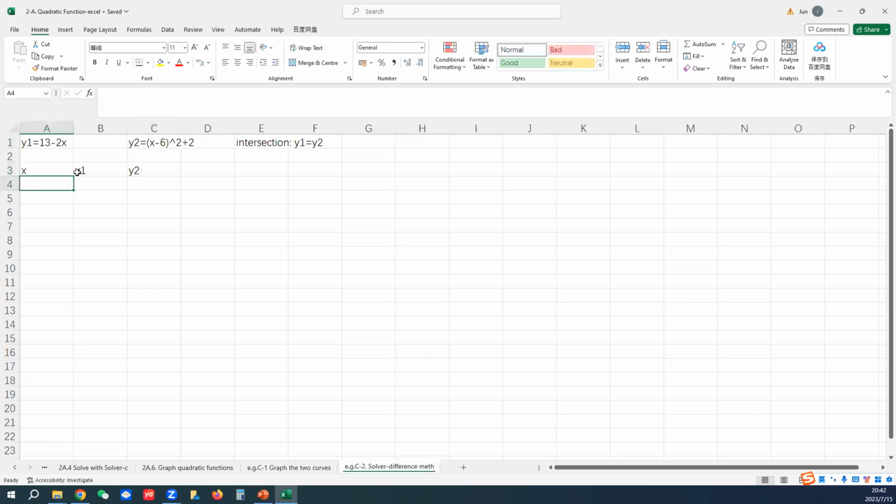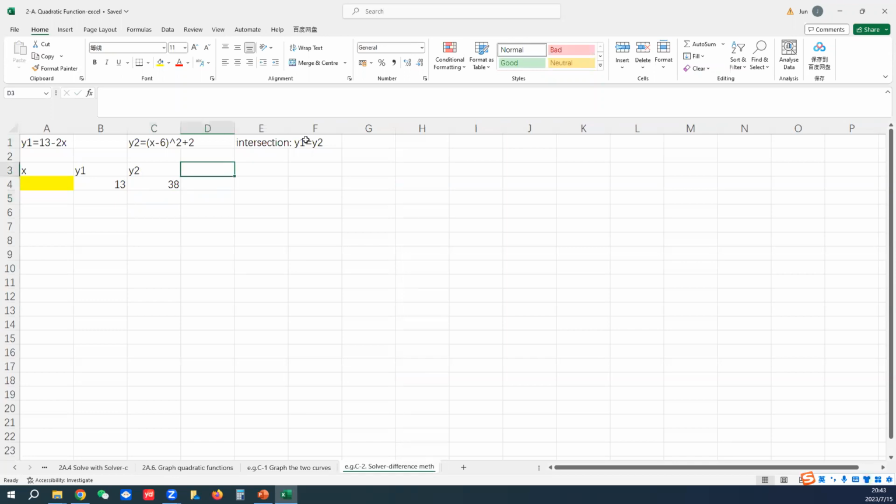Okay, so x still is the choice variable, the independent variable. y1, let's just type out the equation, but invoking the cell that stands for the value of x. So 13 minus 2x. And y2 is x minus 6 squared plus 2.